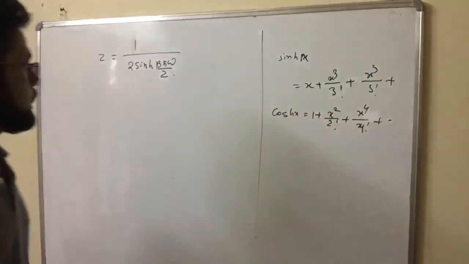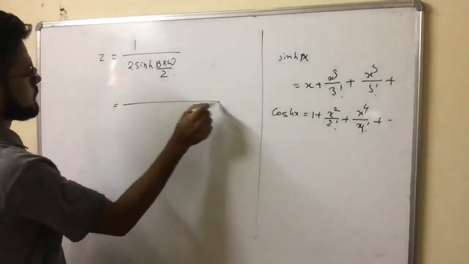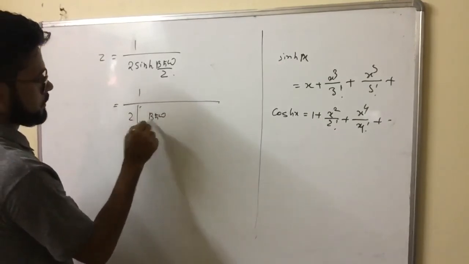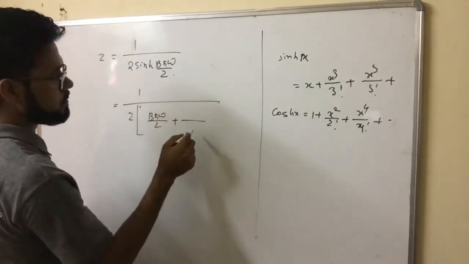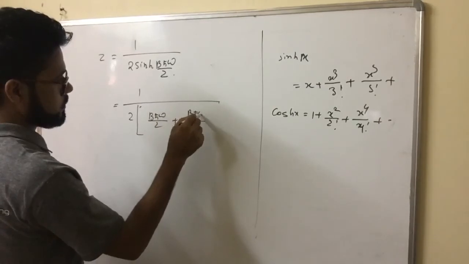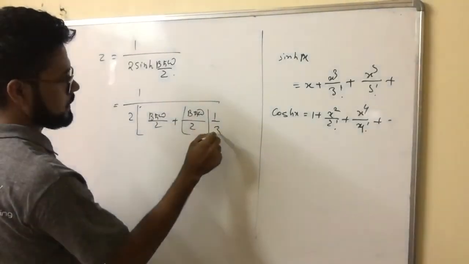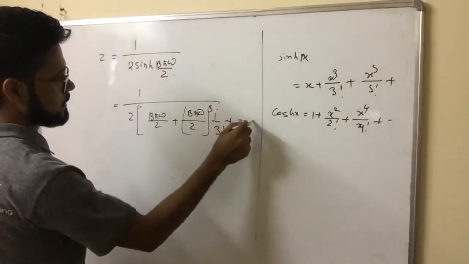Now you see, I can expand this equation: beta hbar omega by 2 plus beta hbar omega by 2 whole cube times 1 by 3 factorial, and so on.